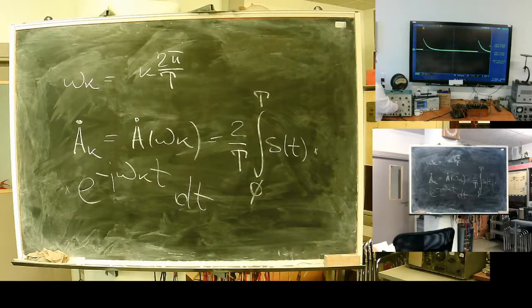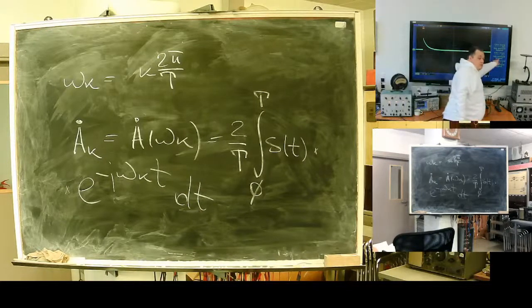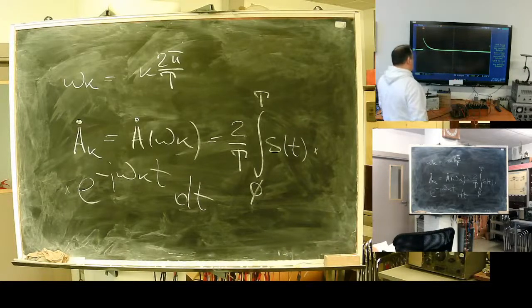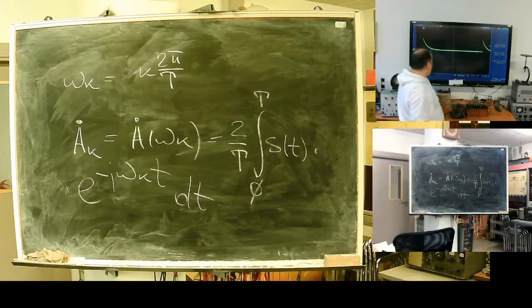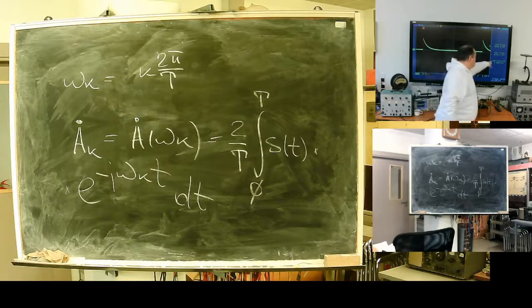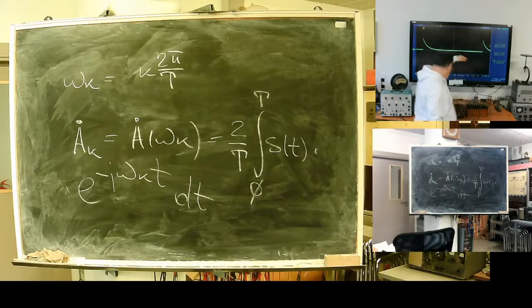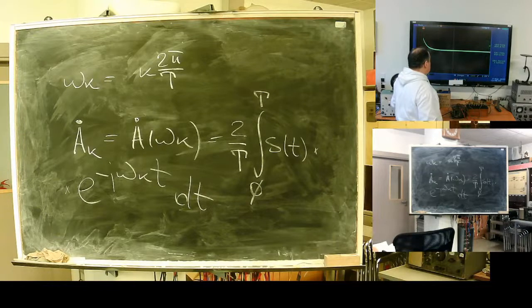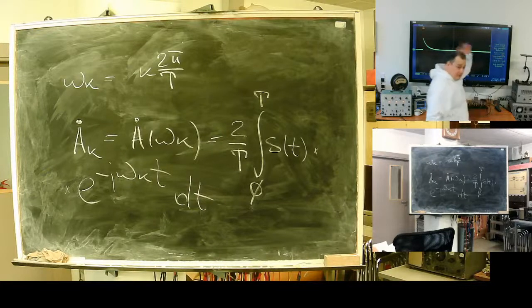Now, what happened? No period found. For the scope, this is a periodic signal. It has a period, it has frequency. This one is not periodic. No period found, it's aperiodic.